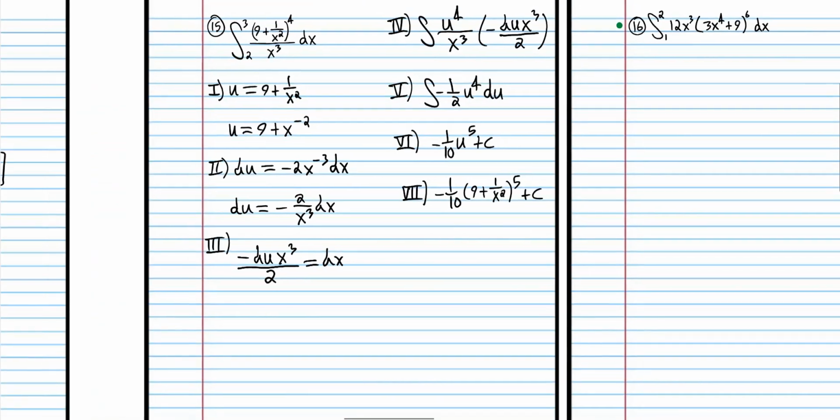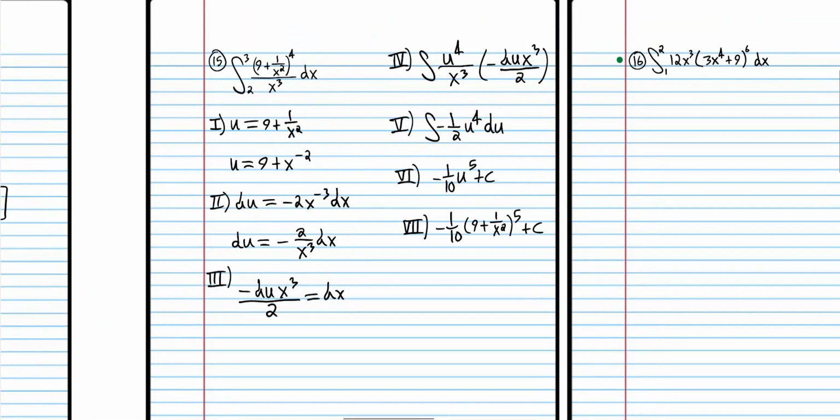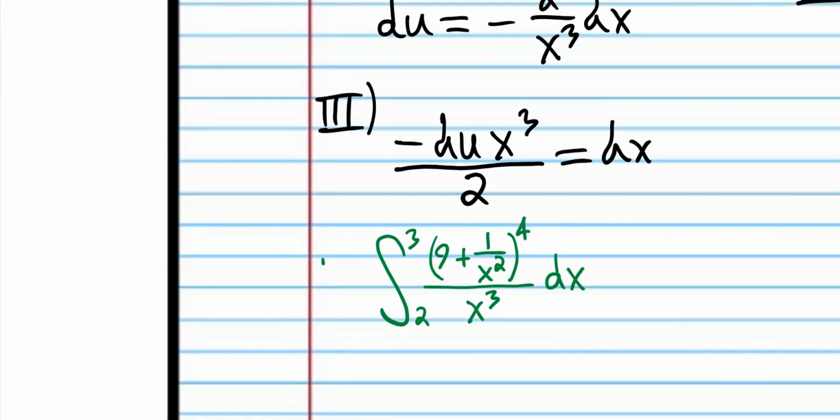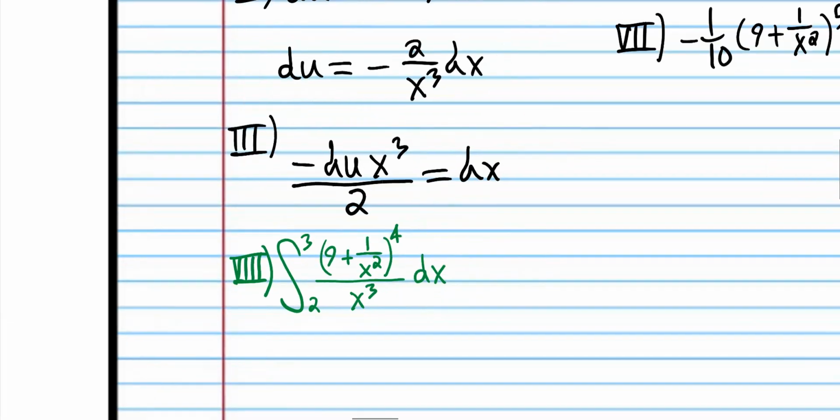Okay, so now we're ready to find the actual value of this definite integral. Remember, a definite integral is a number. We're looking for a number. So we're going to step number 8. And to differentiate between all the other steps, I'm going to use a different color.